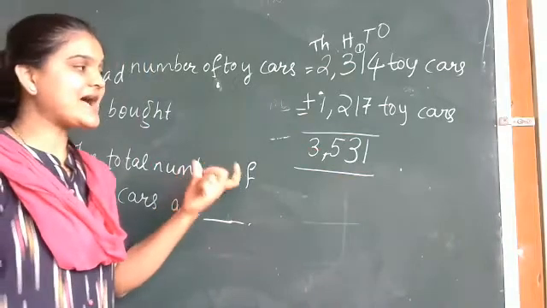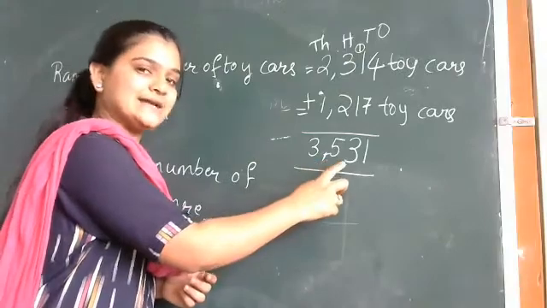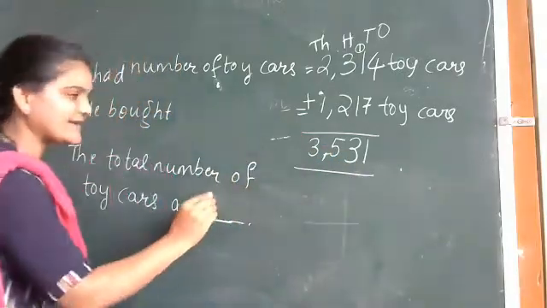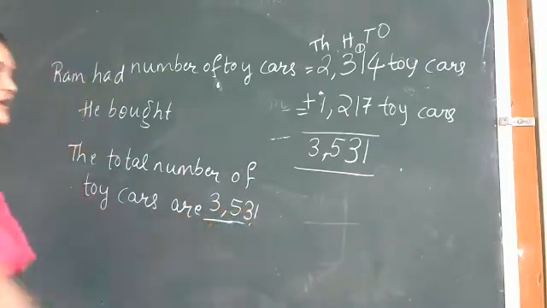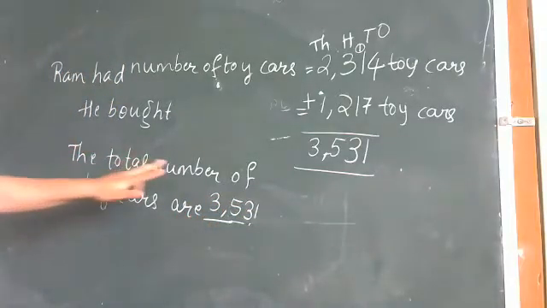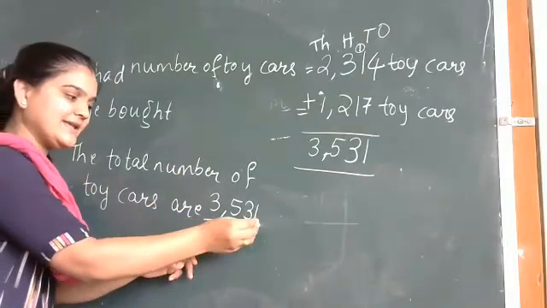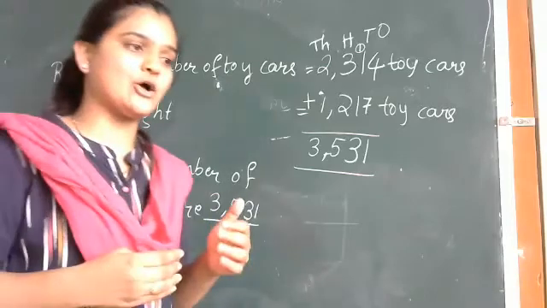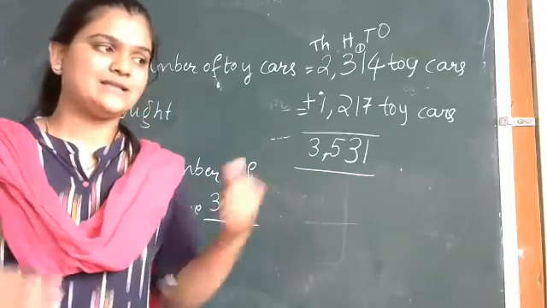It means Ram has totally 3531 toy cars. So you can write it here: the total number of toy cars are 3531. So first you will have to read out the problem and then solve it step by step.